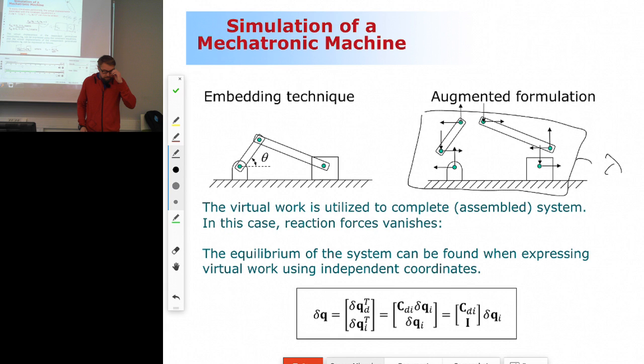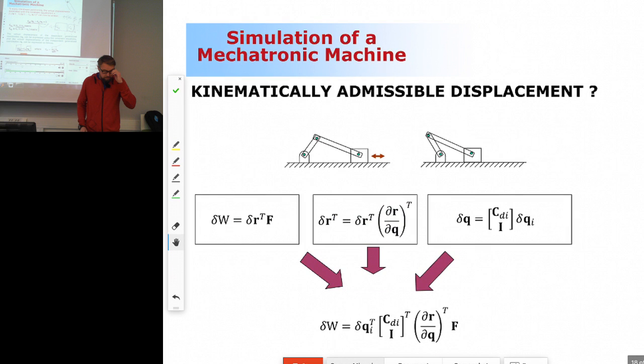Now we're going to practice this concept first in a static case, and then we're going to use it in a dynamic case. So the big picture is this. This is the concept of virtual work. It's going to be force multiplied by displacement, and now we find the relation between delta R and delta Q. This of course should be Q here.